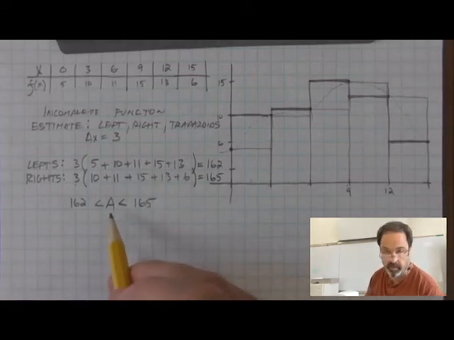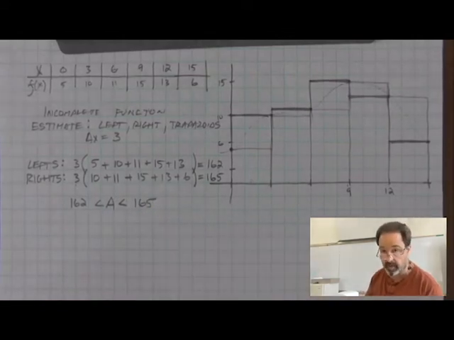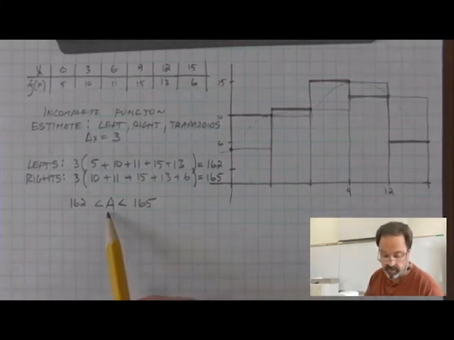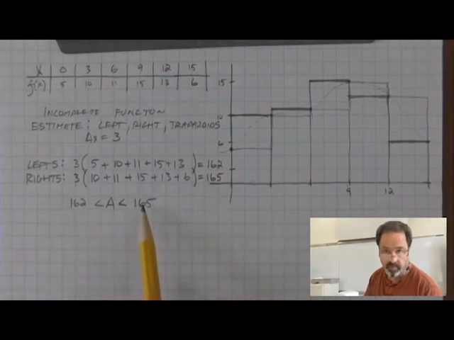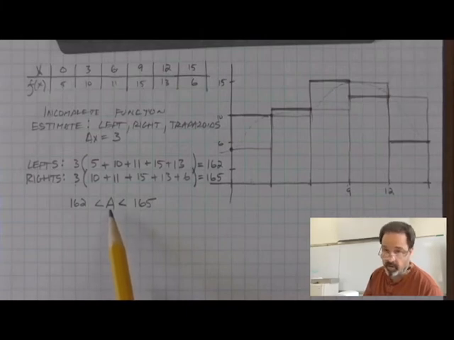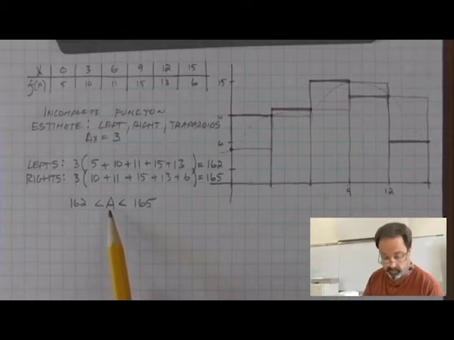We use a capital A to represent the exact area. We don't know what that exact area is, but we do know that the exact area is in between 162 and 165. We can get a more accurate approximation of the exact area using trapezoids.